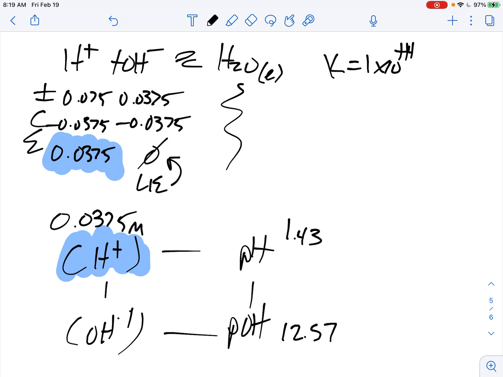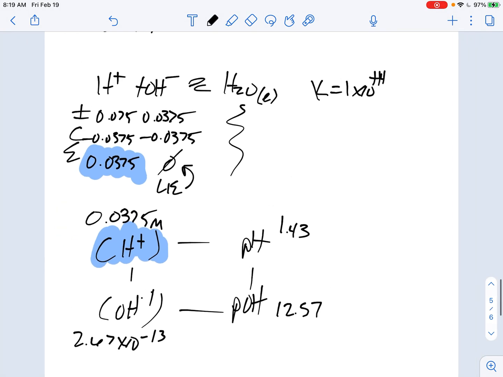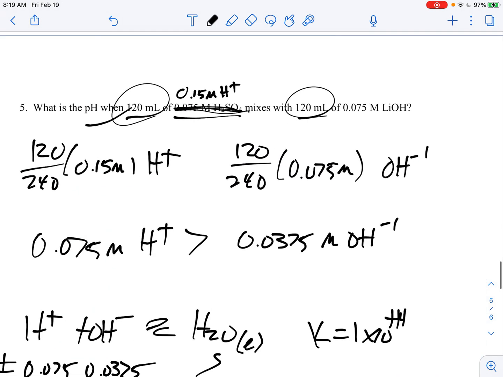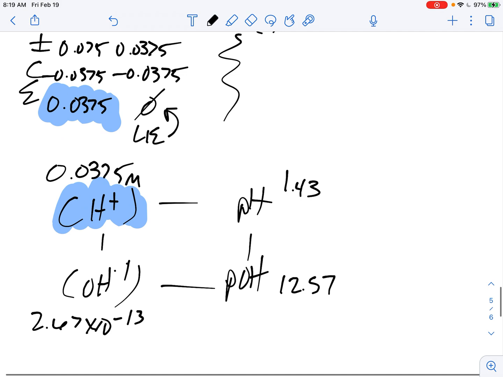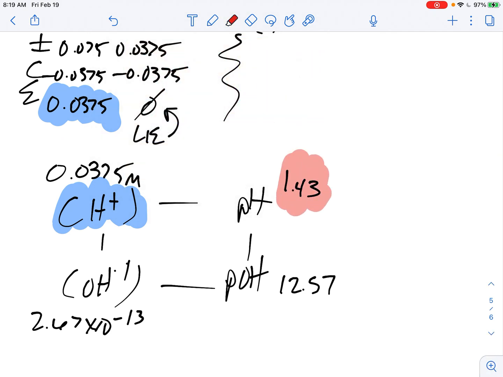Negative, and then second function 10 to the guy there. That means this guy here is going to be 2.67 times 10 to the negative 13th. Now again, all they were asking for in this particular problem is what the pH is, so you could have stopped at this point here in red, the 1.43, but I just did all 4 corners for the sake of completeness.